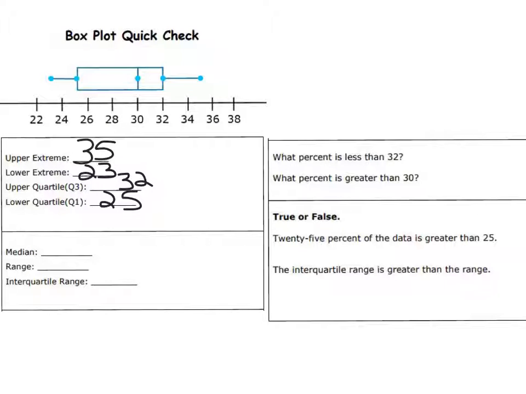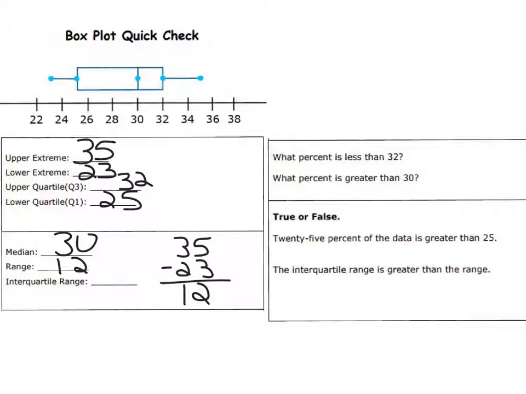Now your median is which one? 30. Your range? Your range, you have to subtract what? The extremes. You have to subtract the extremes. So 35 minus 23 is going to give you 12.